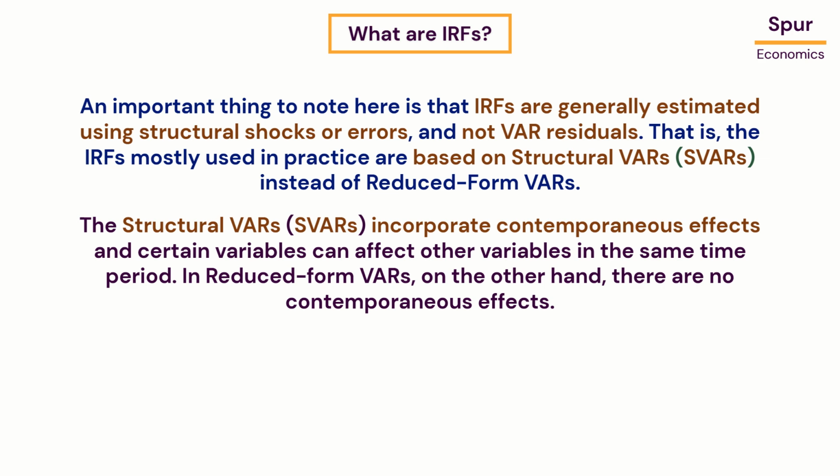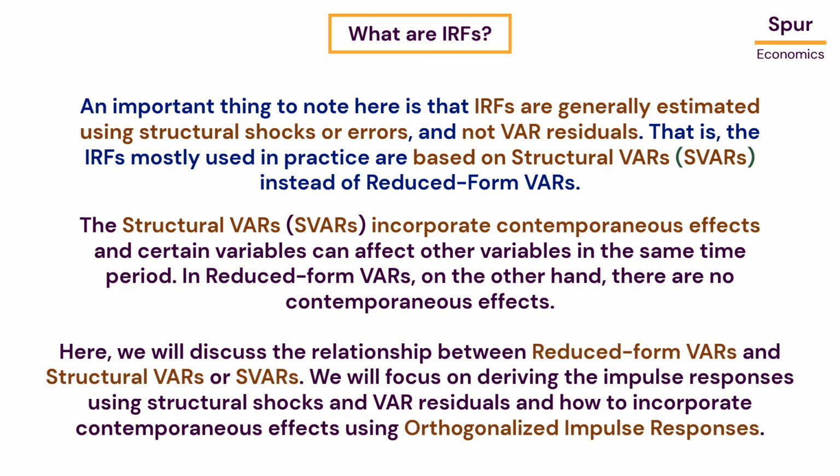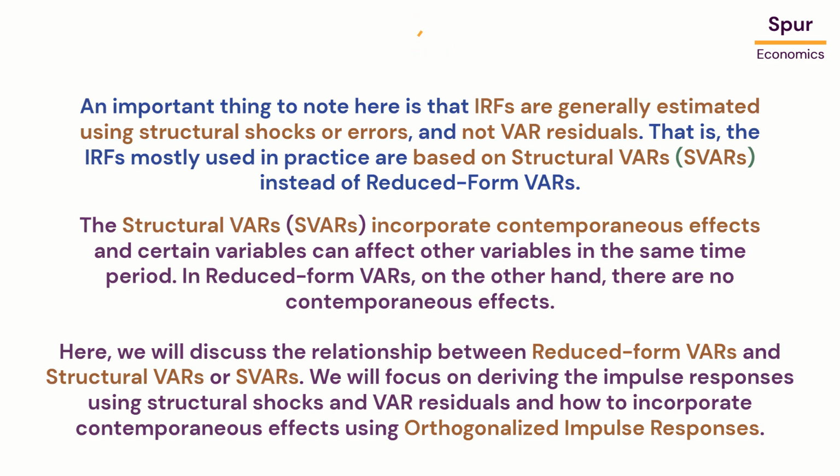In reduced-form VARs, on the other hand, there are no contemporaneous effects. Here, we will discuss the relationship between reduced-form VARs and structural VARs or SVARs. We will focus on deriving the impulse responses using structural shocks and VAR residuals and how to incorporate contemporaneous effects using orthogonalized impulse responses.